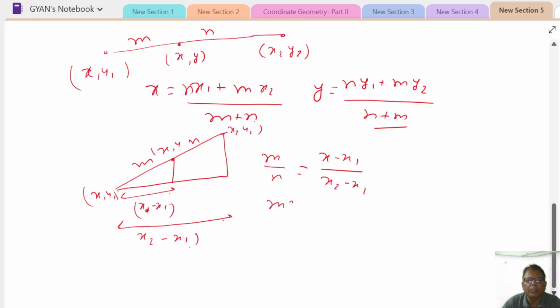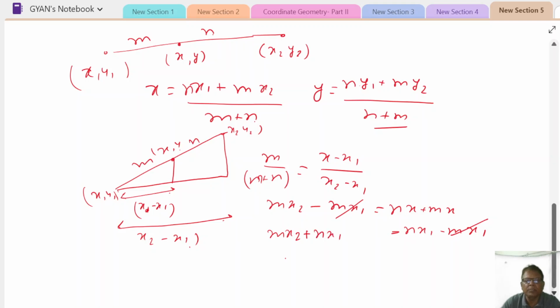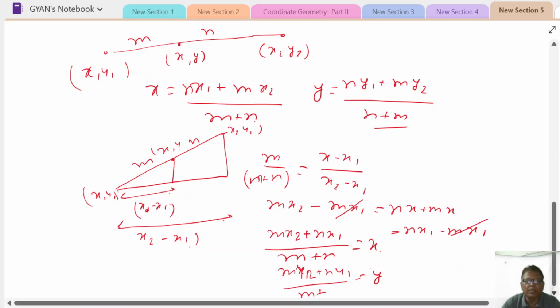Just to solve it: m x2 minus m x is equal to n x minus n x1. Bringing terms together, nx plus mx is equal to m x2 plus n x1. Here you take x common as (m plus n), so x is equal to (m x2 plus n x1) divided by (m plus n), and y is equal to (m y2 plus n y1) divided by (m plus n).